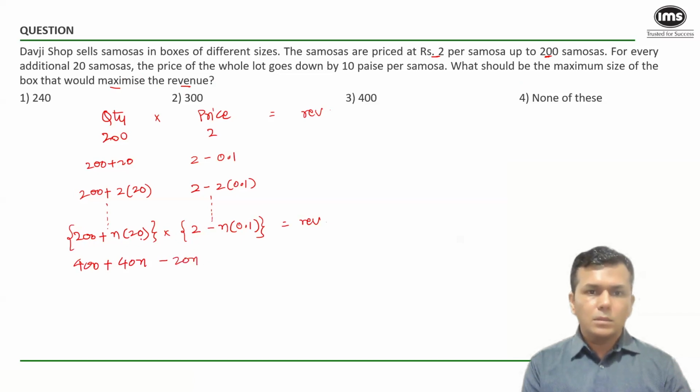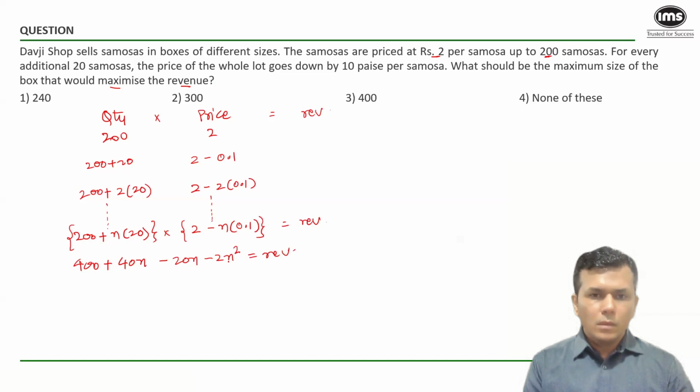And this is 20 into 0.1, so 2n square, which is negative. This is equal to revenue. So that's going to be minus 2n square plus 20n plus 400.